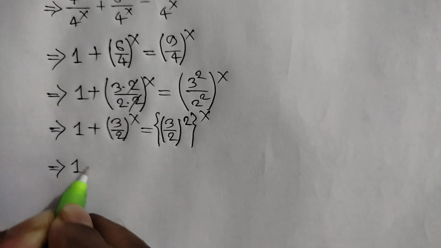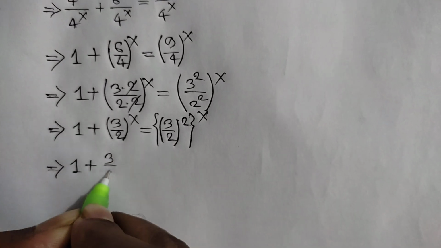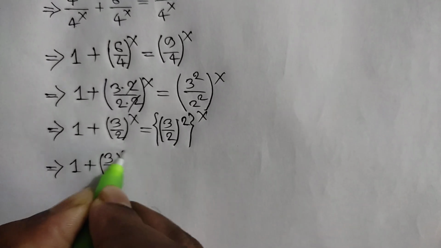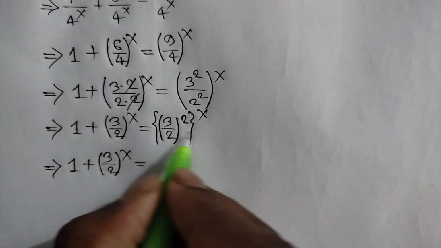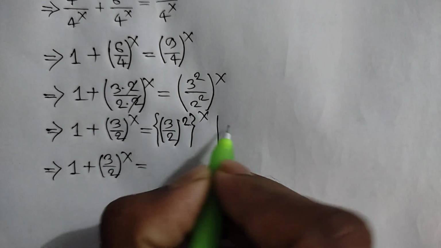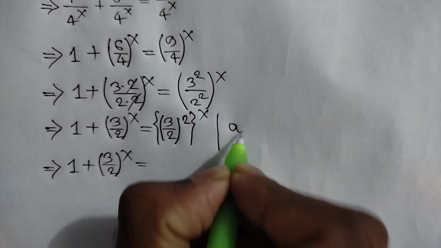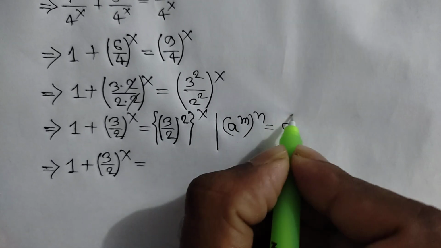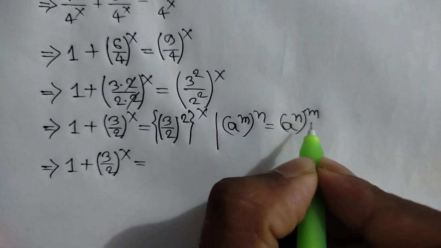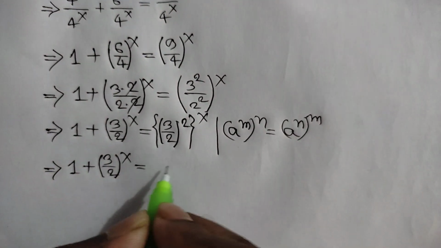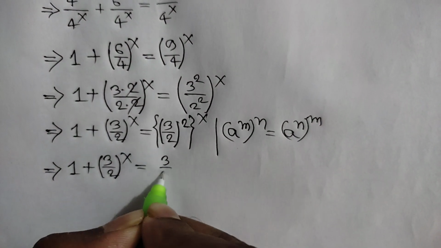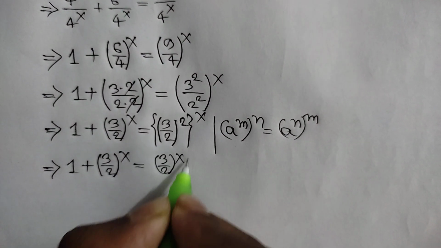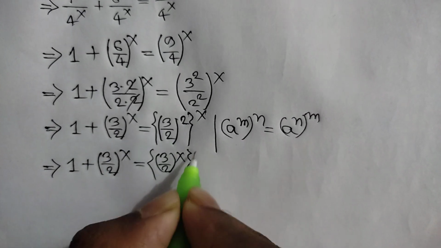So 1 plus 3 over 2 whole power x is equal to, here we can apply this rule, a to the power m whole power n is equal to a to the power n whole power m. Applying this rule, we can write 3 over 2 power x whole square.